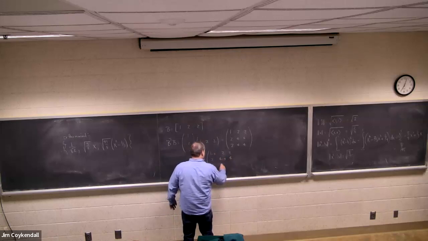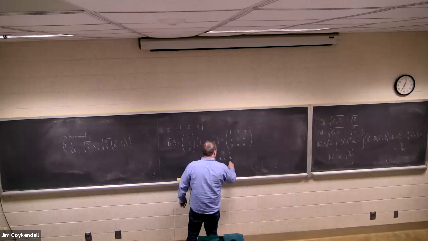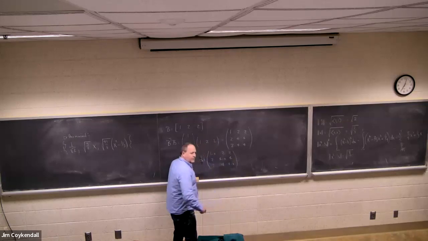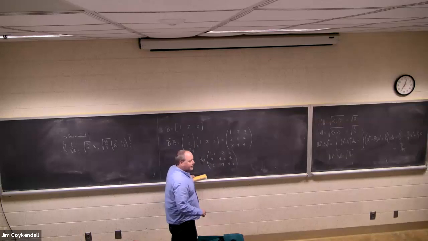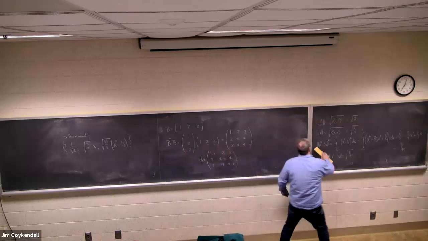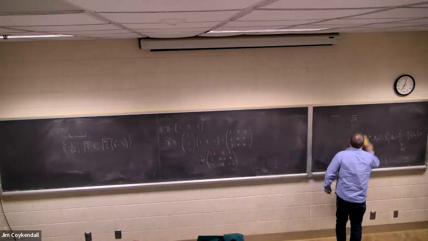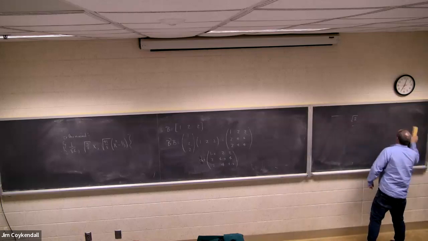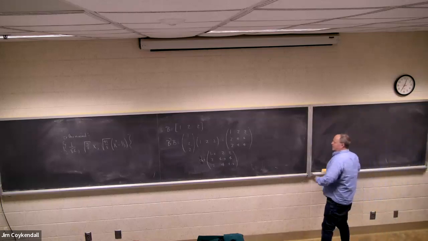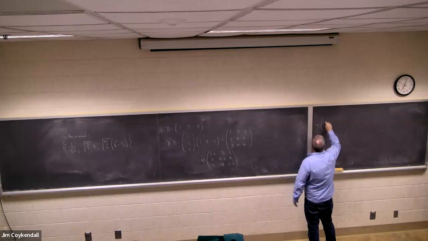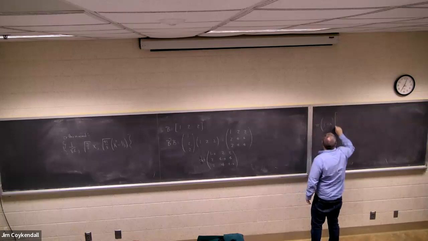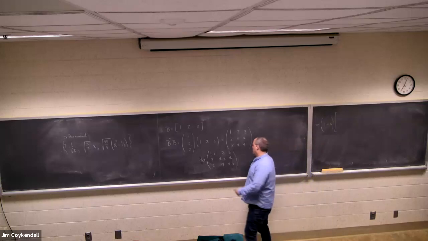This looks like death on a hot plate. But if you persevere and do the computation, you'll see that it gets a little bit more warm and fuzzy. Okay, so I've got this determinant to do.